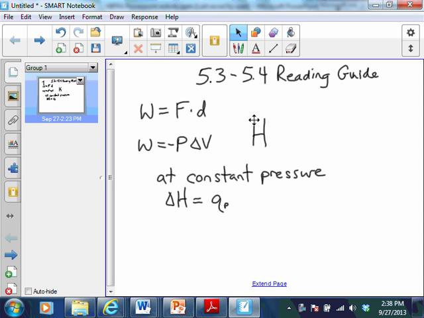So you can pretty much say, from here on out, delta H, we're talking about the flow of heat, okay? We're talking about heat change, okay? Technically, delta H is enthalpy change, all right? But I want you to be familiar with that term because you may see the term enthalpy change on the AP exam, and I want you to know what that means. But essentially, we're talking about the heat flowing into or out of the system, okay?